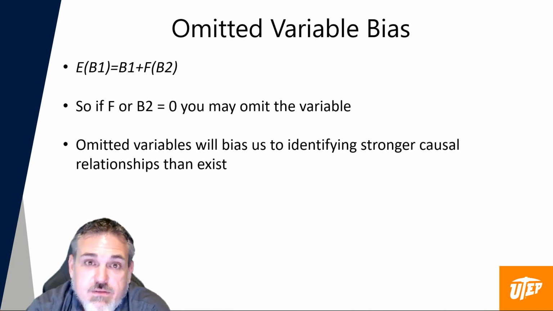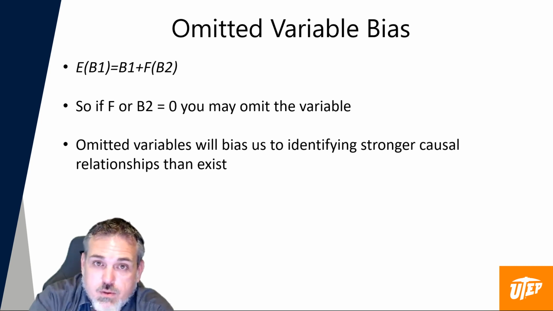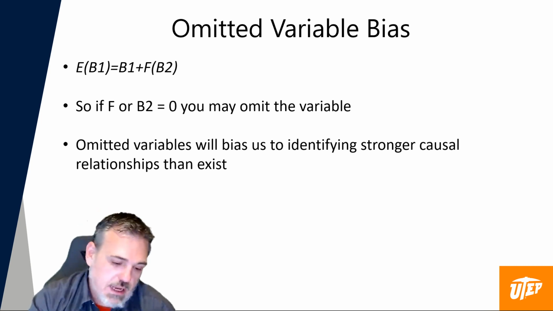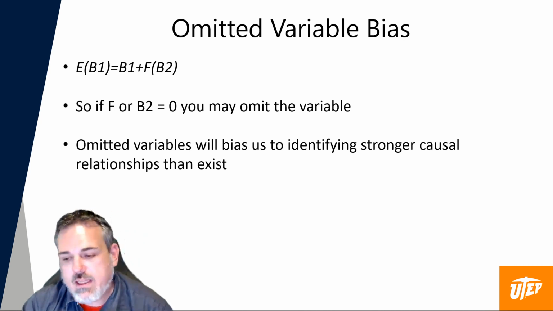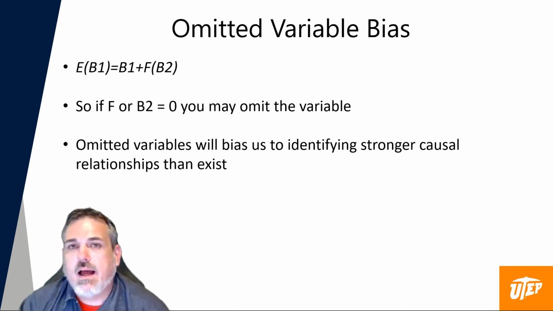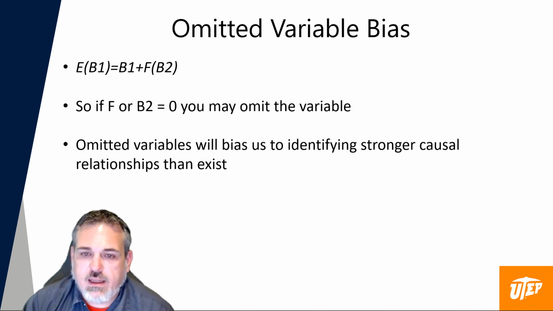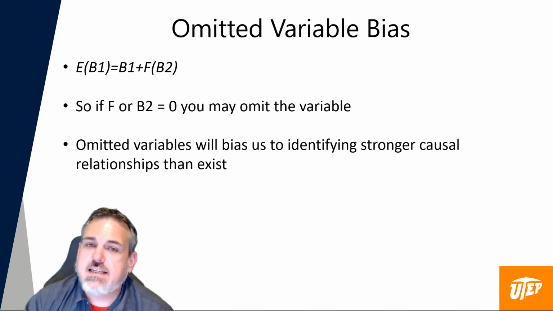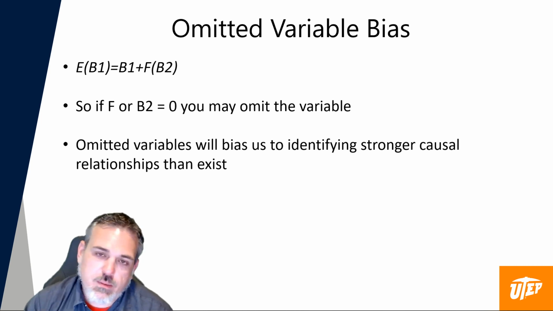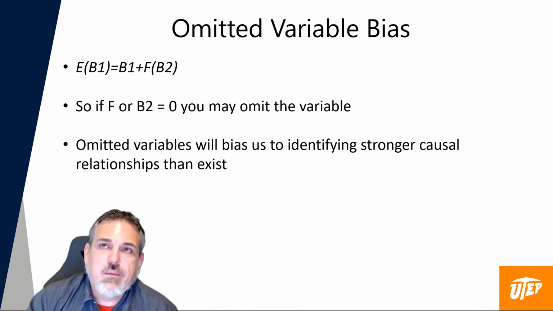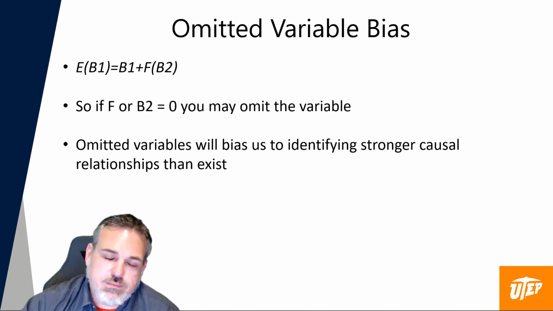So this omitted variable bias is a significant problem in social science, where we draw up a hypothesis, we have a theory that informs us that X causes Y, we collect data, we assess this relationship, and we do determine that X causes Y. But let's say we have an omitted variable.